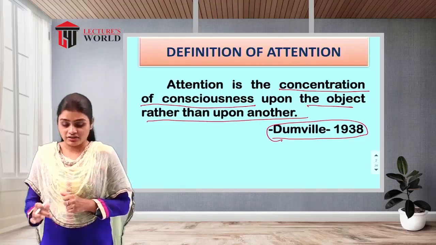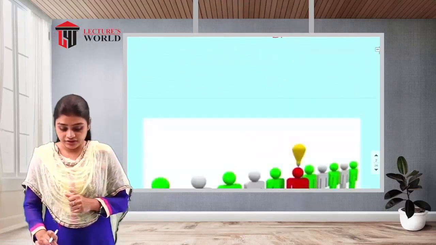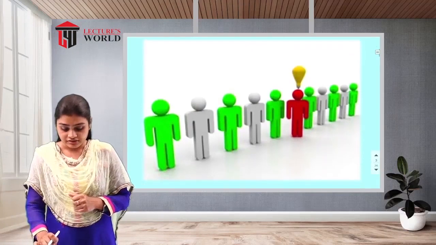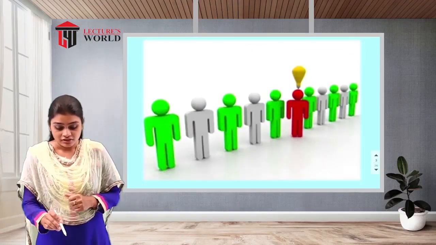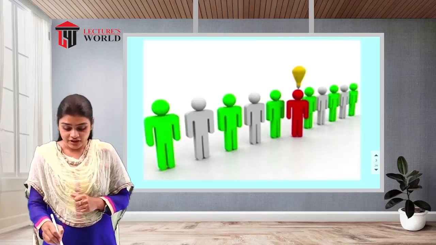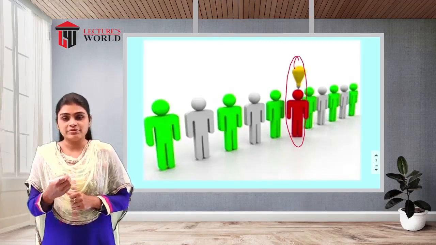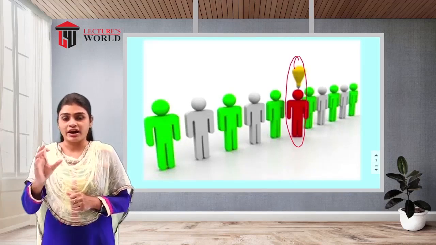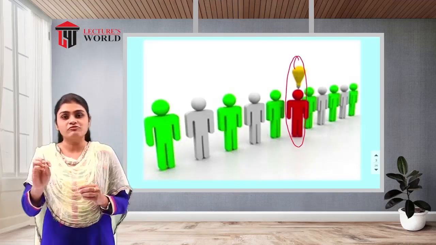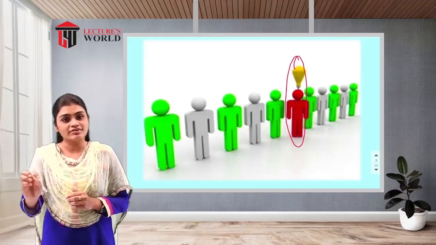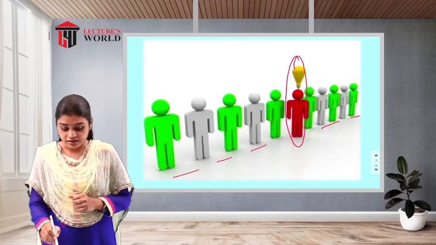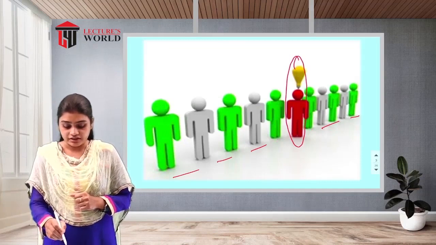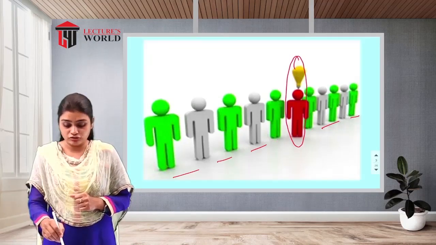After the definition of attention, let's see further. We can understand this image also for attention. Obviously we are attending to one individual only at a time. For example, I am the person who is giving my attention, or focusing my attention on someone or something. You can see in this image, so many individuals are there, but this individual is different. I am giving my attention to him.